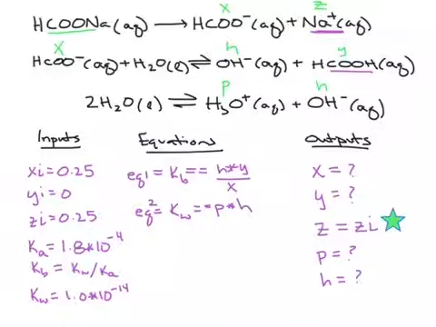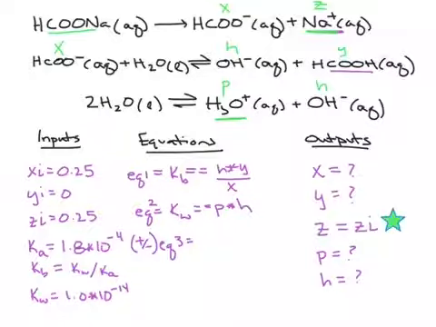Our third equation is going to be a charge balance. Let's see, let's look up here. Let's find all of our positively charged species. We've got sodium, we've got our proton.